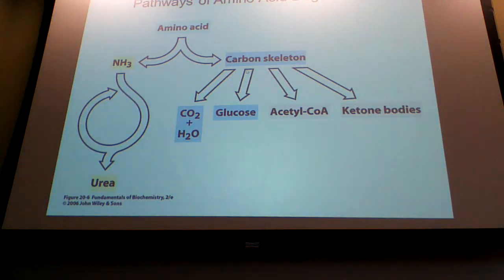What I'm left with is the alpha keto acid, and that is going to get shunted into different places, but if I am not just using it as a citric acid cycle intermediate, I can either use it as a substrate where it gets oxidized for fuel, I can use it to synthesize glucose to send back out into the bloodstream, I can turn it into acetylcoenzyme A and become a substrate for the citric acid cycle there, or I can use it to synthesize fatty acids that we can then go store as fats in adipose tissue, or I can convert it into a ketone body if I'm starving and send it to my brain. Okay? So those are the choices.